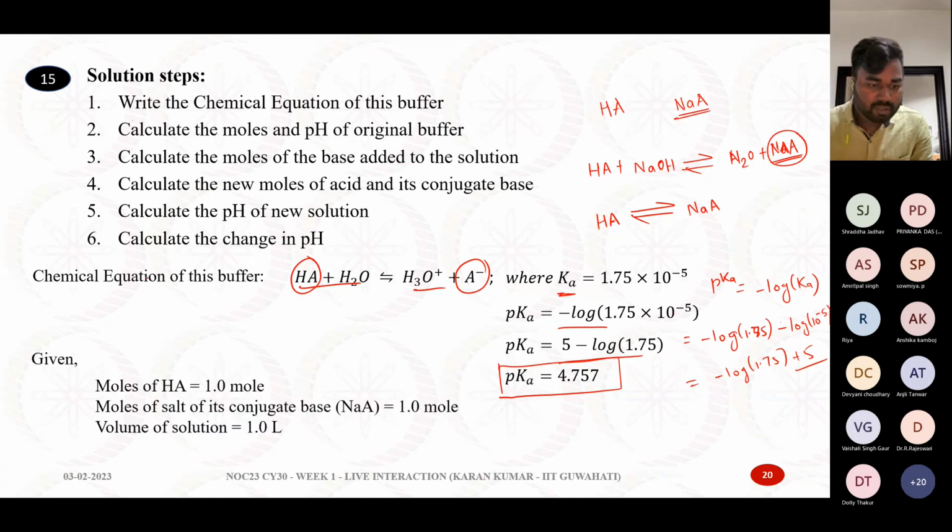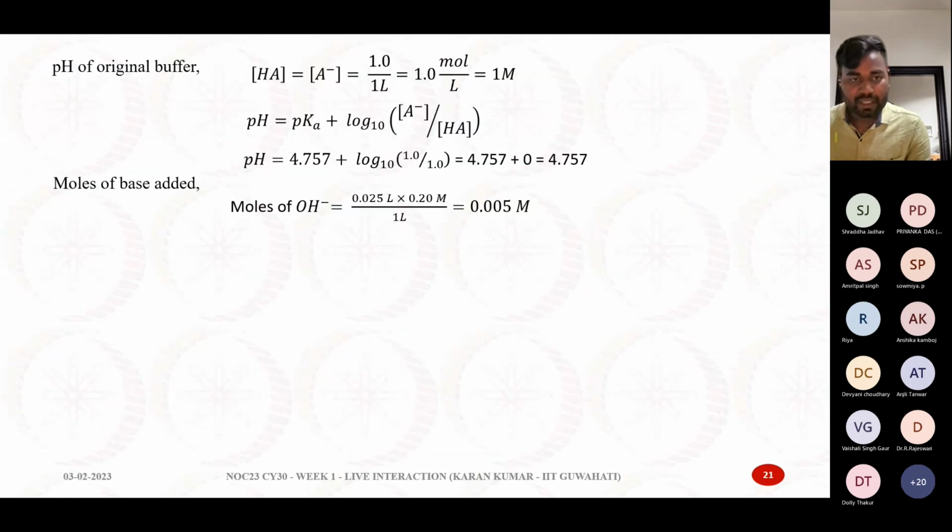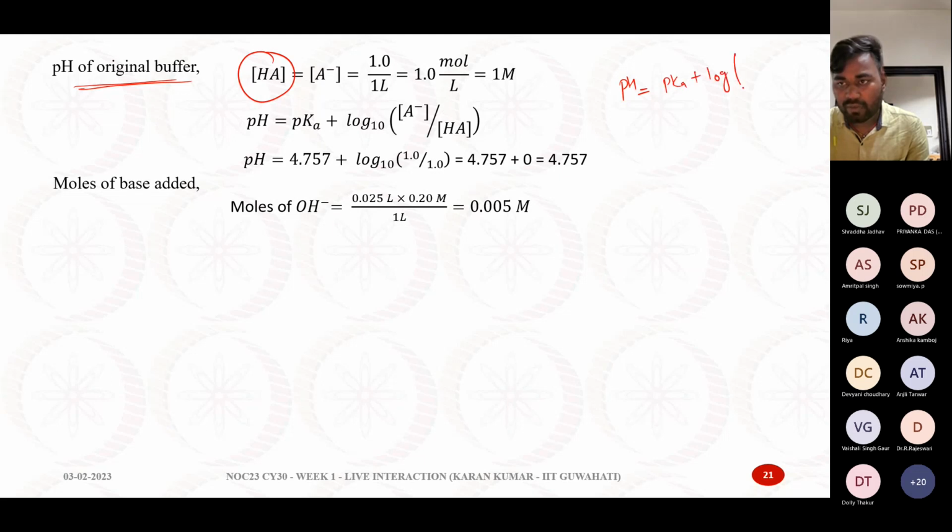Now you have calculated the pKa. The given is moles of HA was 1 mole, moles of salt was also 1 mole, and the volume of solution given as 1 liter. Now you can calculate the pH of the original buffer. What is the Henderson-Hasselbalch equation? pH is equal to pKa plus log of concentration of conjugate base by concentration of acid.